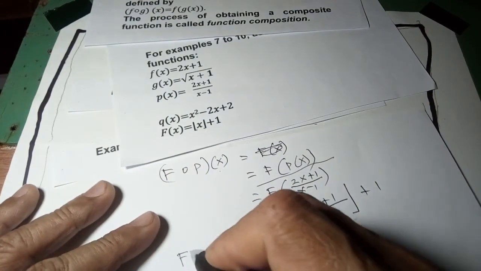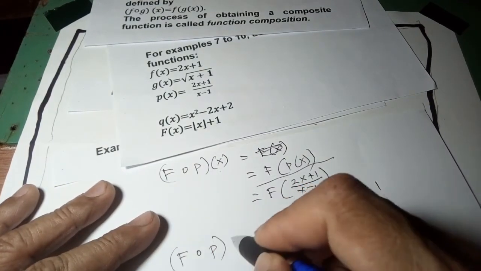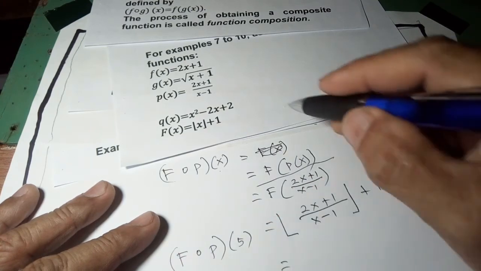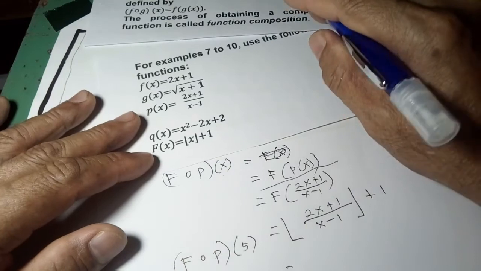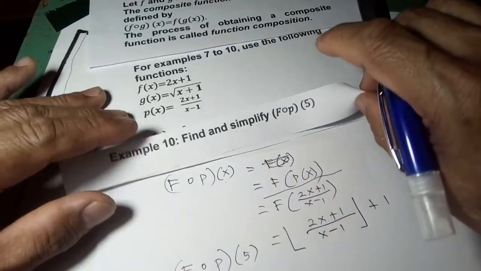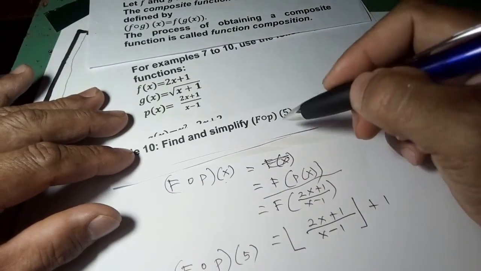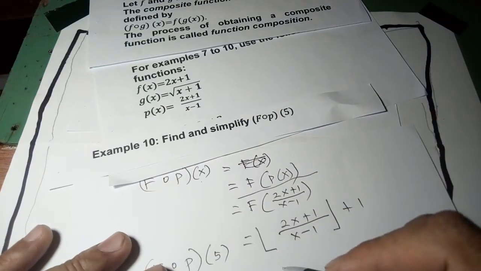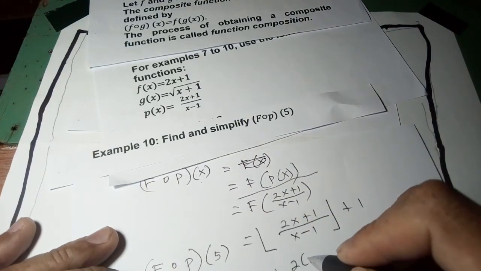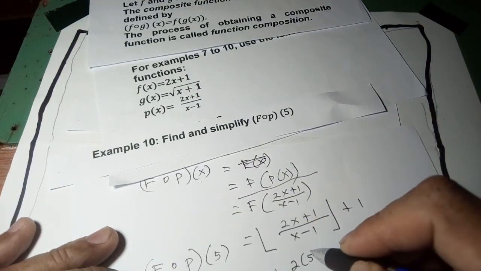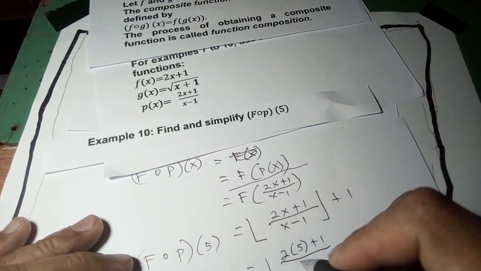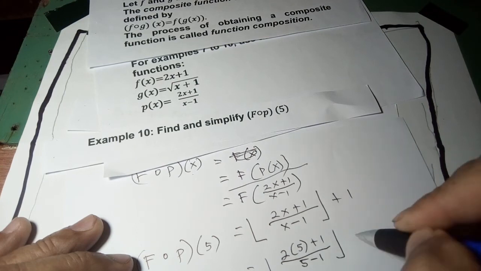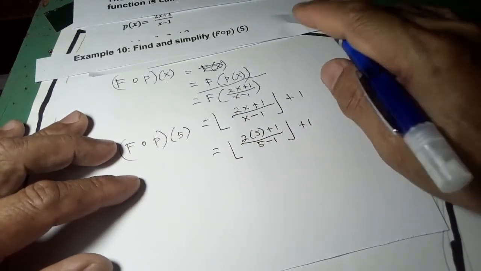This time, we will substitute x with 5 because the problem is asking for f circle p of 5. So let us substitute 5. 2 times 5 plus 1 over 5 minus 1, plus 1.